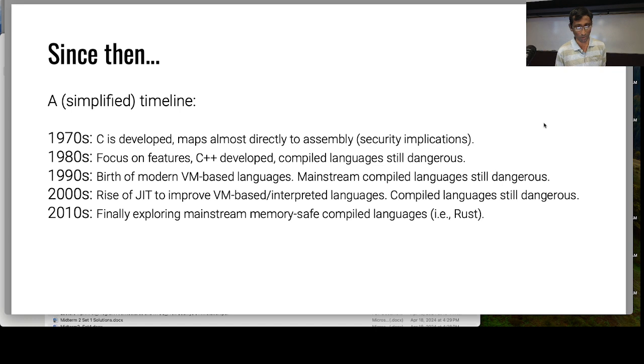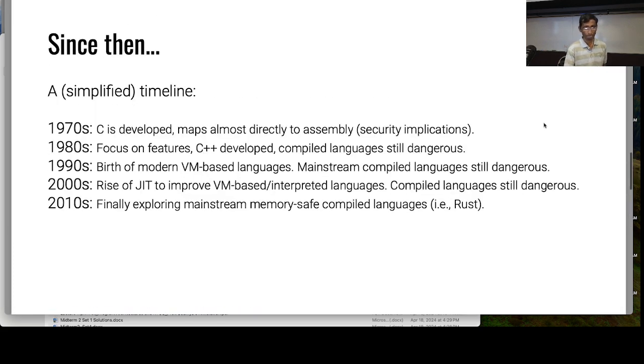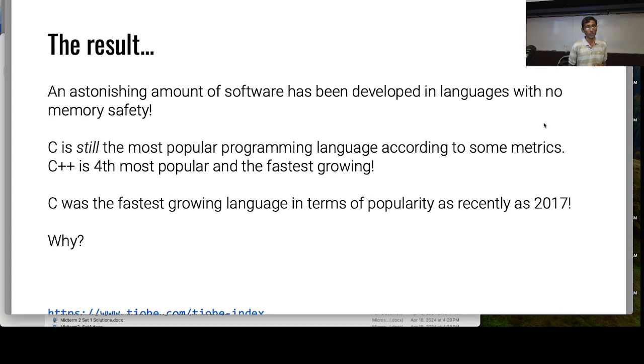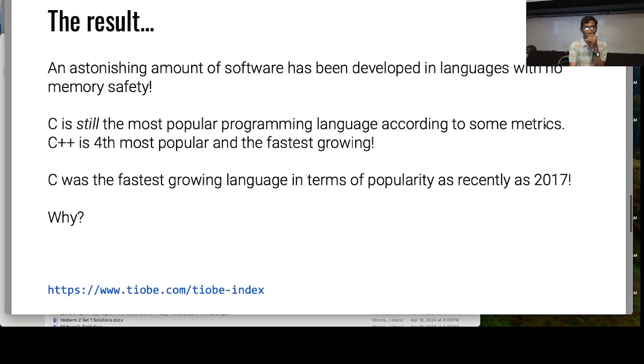Even Linux has a plan to implement some Rust-based components into the operating system. So as we see here, C has many vulnerabilities because of not having any safety features in the language itself. But C is still a popular language.